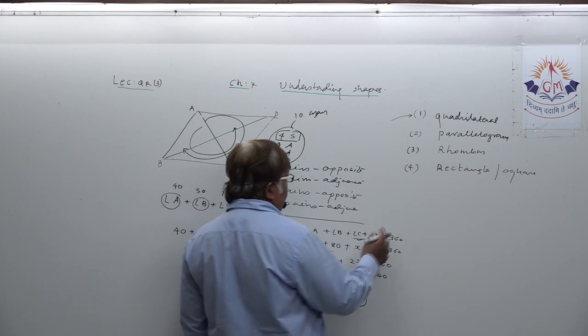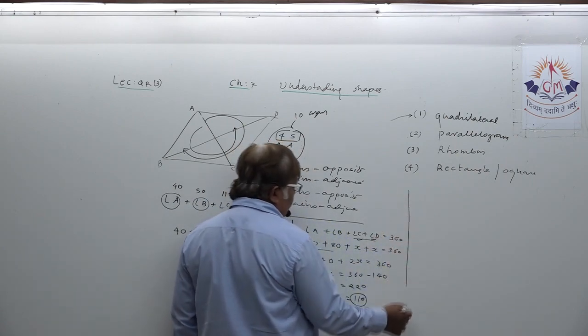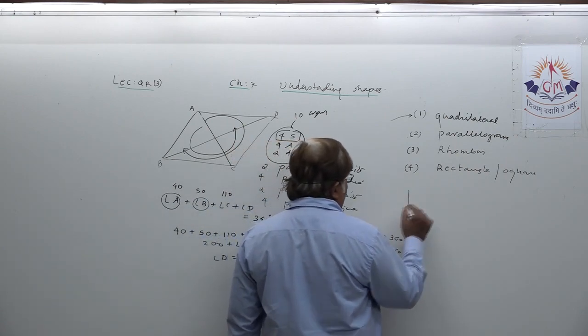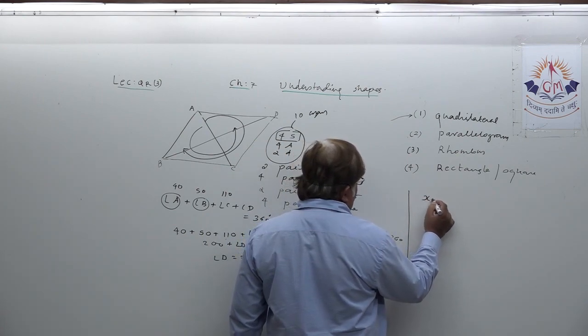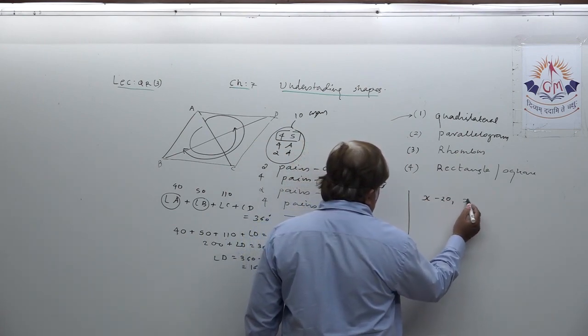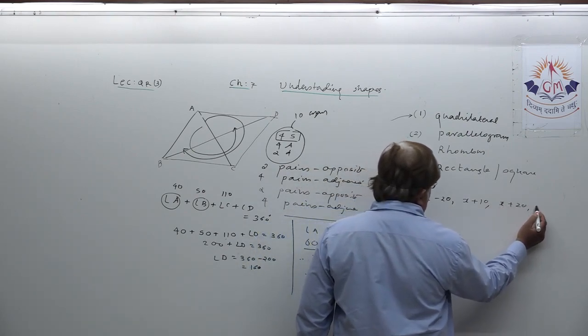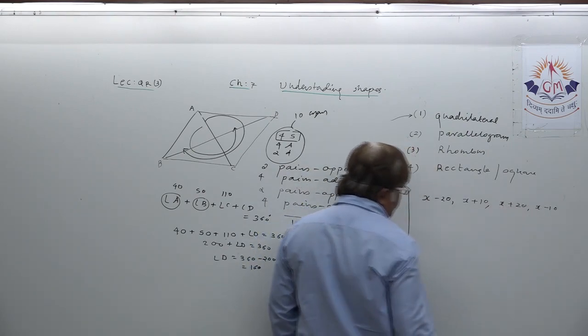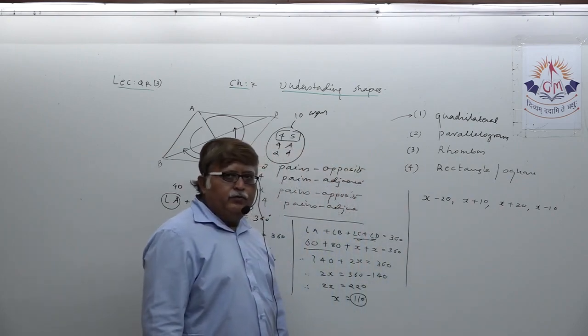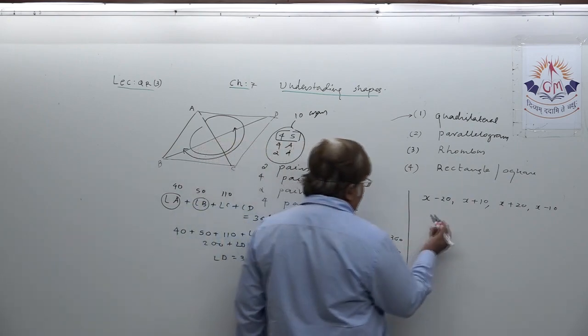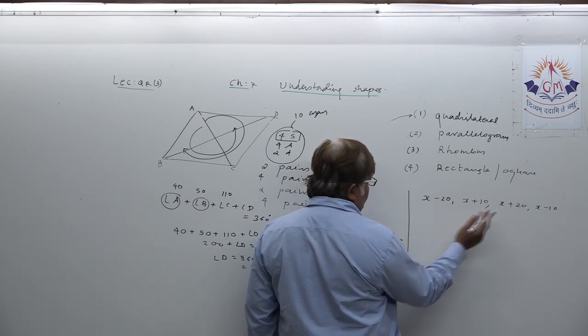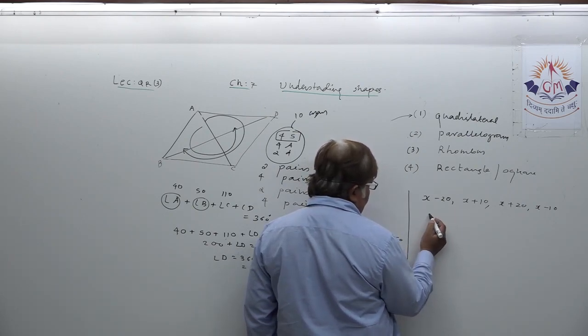Suppose we take one more. It is given that four angles of a quadrilateral are x minus 20, x plus 10, x plus 20 and x minus 10, then find the measures of all angles. First, you all know A plus B plus C plus D equal to 360.